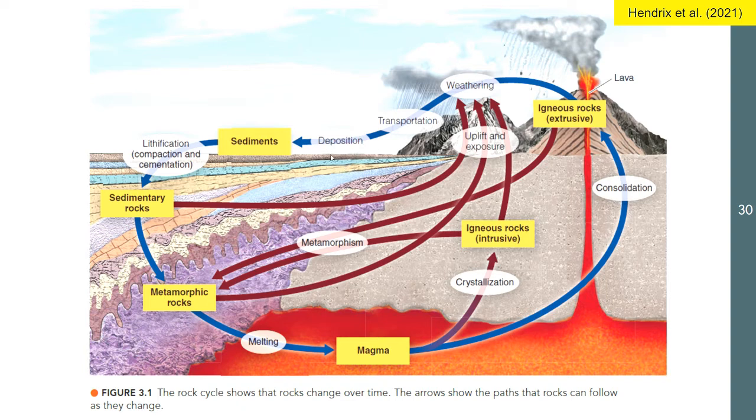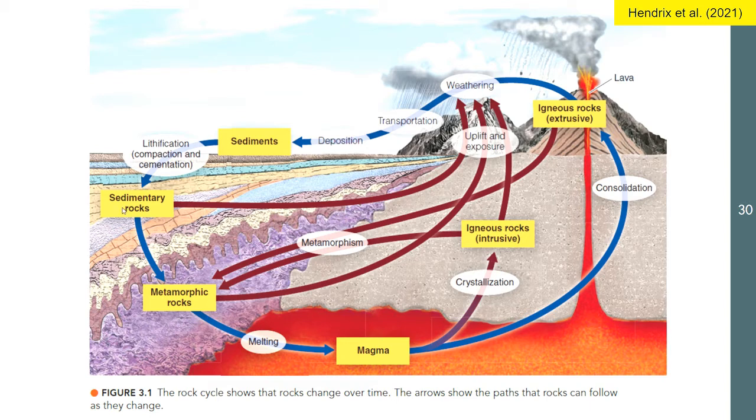So they undergo the same process. The smaller, grain-like materials are compacted again and cemented again and buried deep under the bodies of water, and eventually they become sedimentary rocks. So that's one possible cycle of sedimentary rocks.